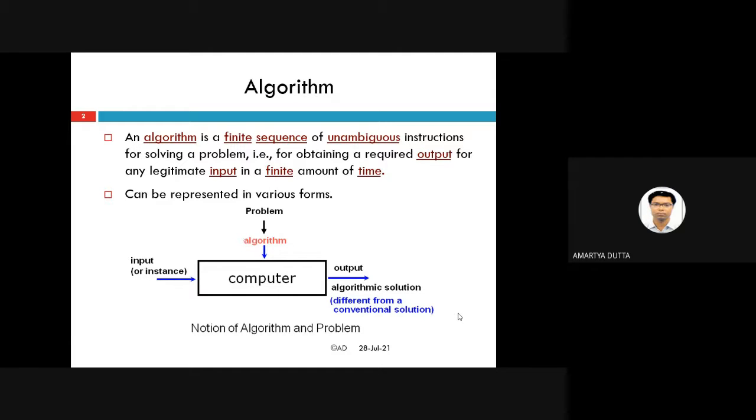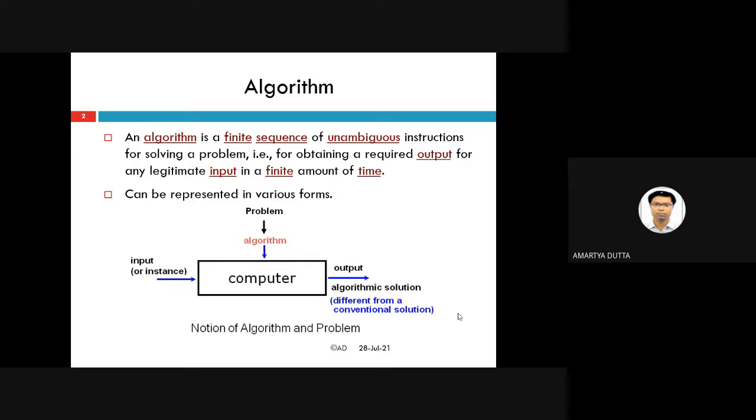The 5 characteristics are, first, input: there must be zero or more inputs for an algorithm. Second one is the output: at least one quantity is produced. Next one is definiteness.